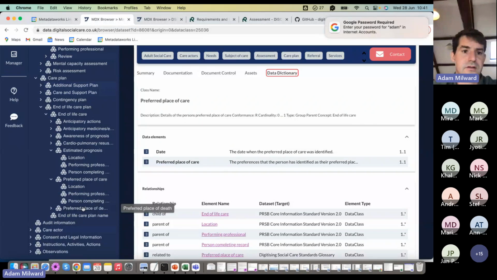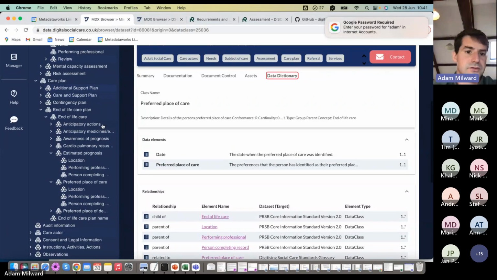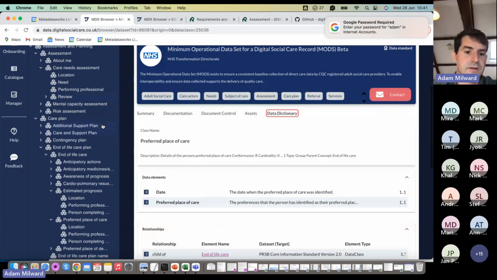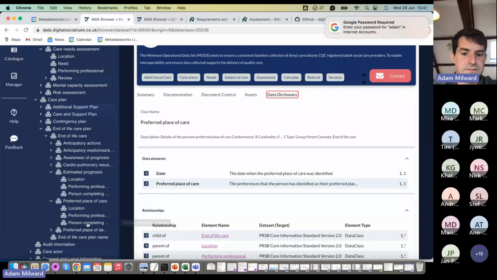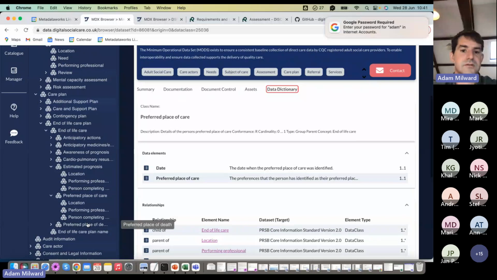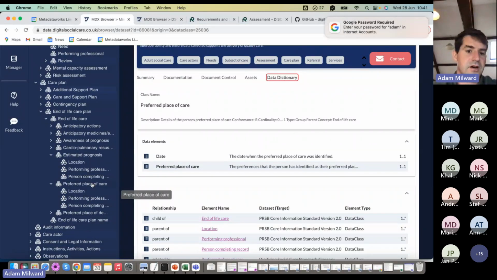Elsewhere in the model, we've talked about wishes and preferences, and this potentially should be aligning with those preferences and wishes. So there's a little bit of an alignment. Again, that was a bit of feedback we had when we went through all of the model together.